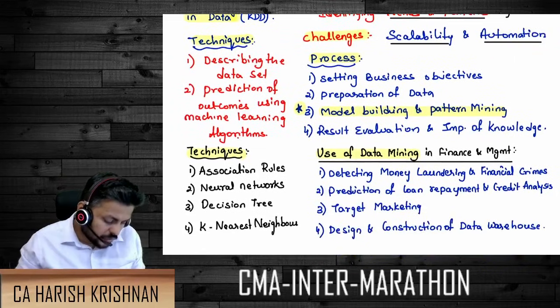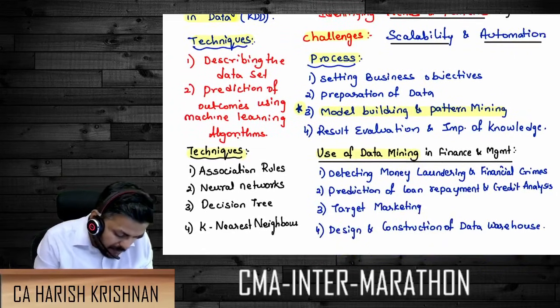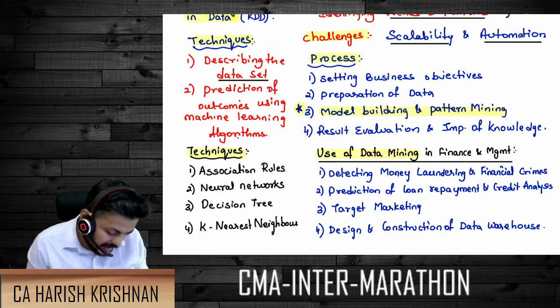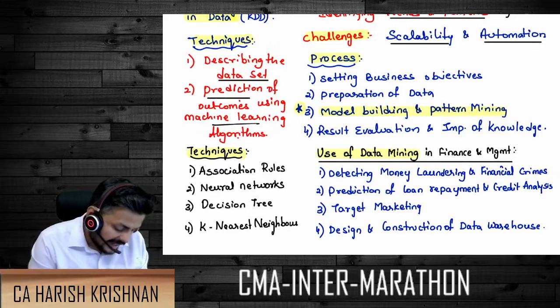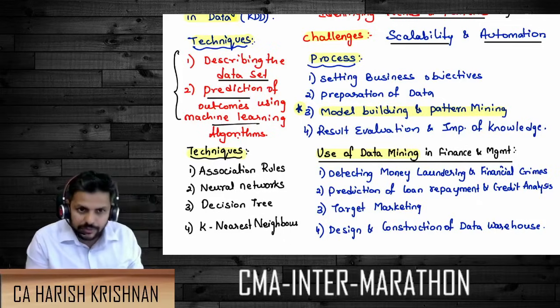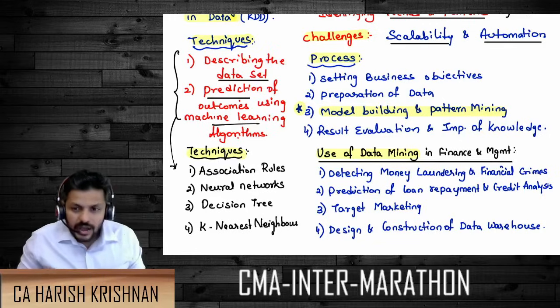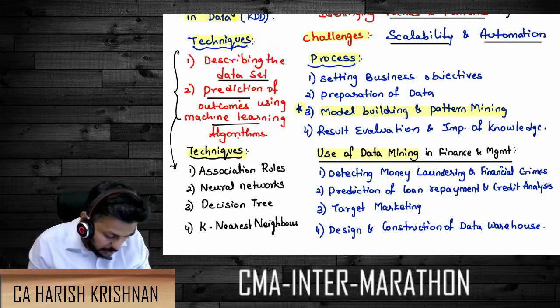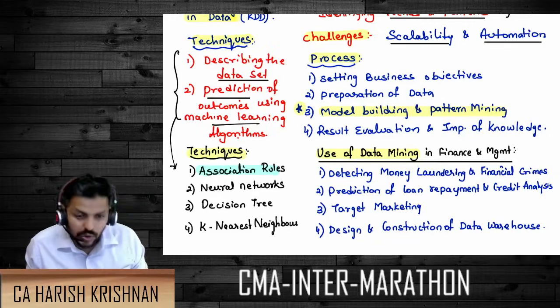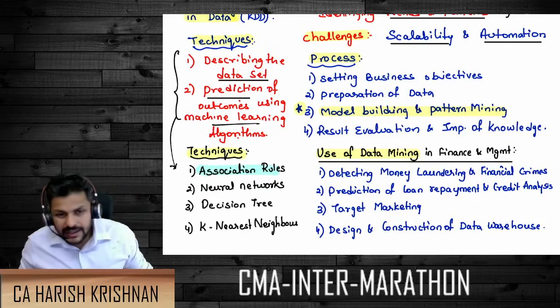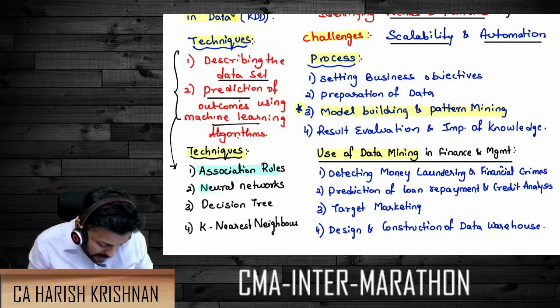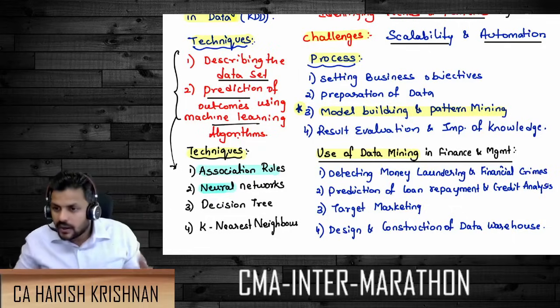The techniques of doing data mining would be to describe what data you want by describing the data set, and prediction of various outcomes using machine learning algorithms. To do these two steps, you can use these four techniques: finding association between one and the other through association rules. You can use AI or artificial intelligence tools to find out through neural networks how one is linked to the other.